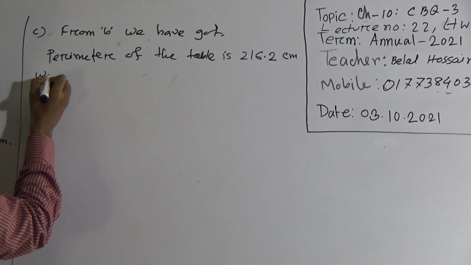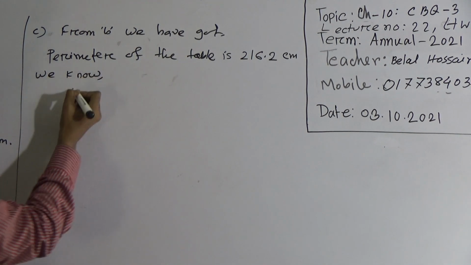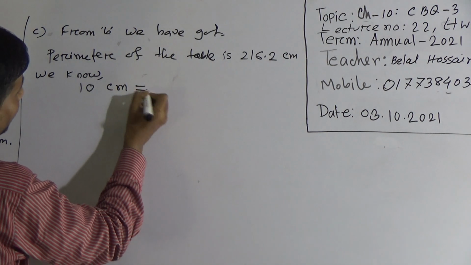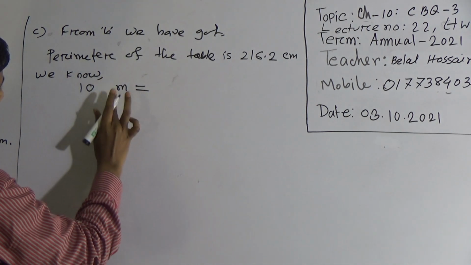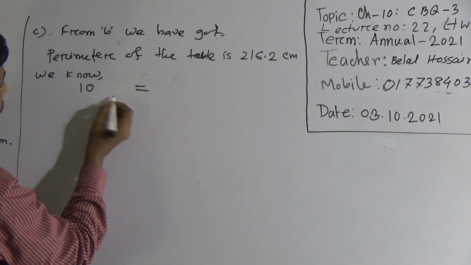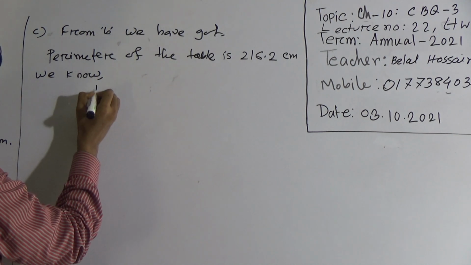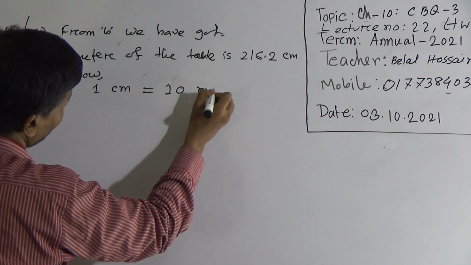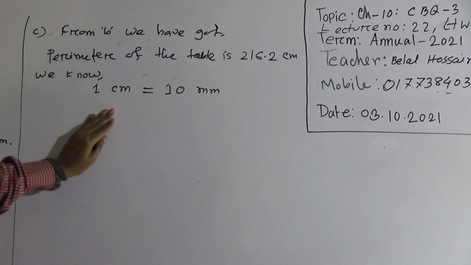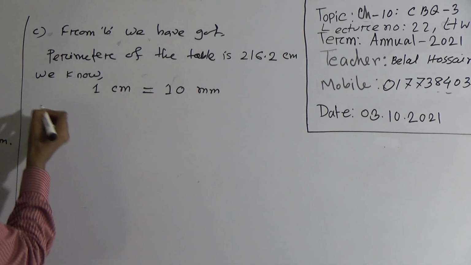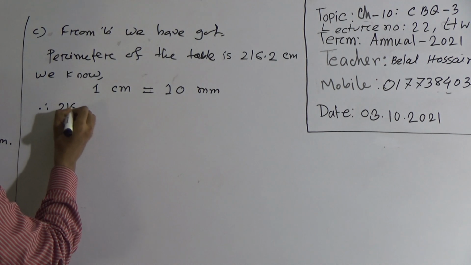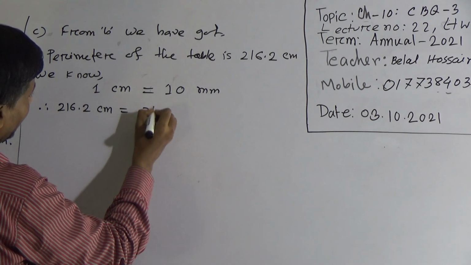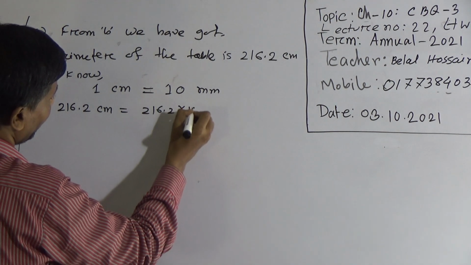Right, we know 1 centimeter equal to 10 millimeter. Okay, we know 1 centimeter equal to 10 millimeter. Therefore 216.2 centimeter equal to 216.2 into 10.